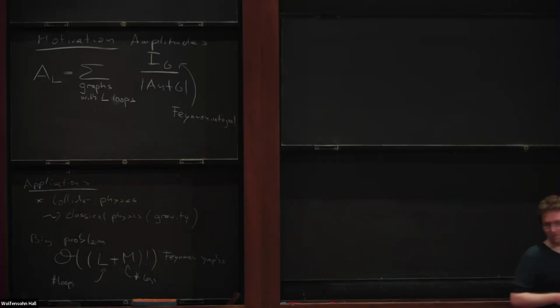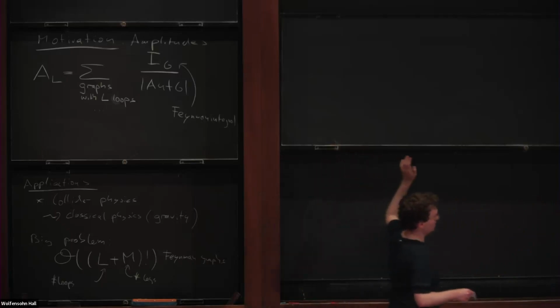So this is good news for all the PhD students, for instance. There are many open problems in this business, and one of them is to avoid this combinatorial explosion.